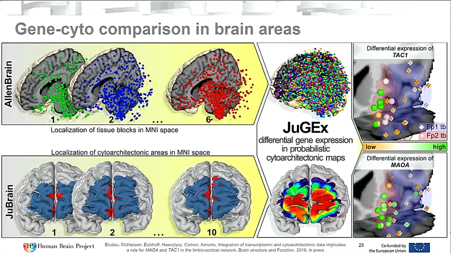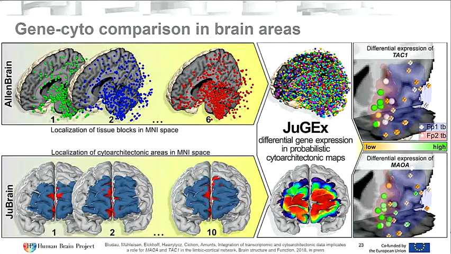And this allows you to draw conclusions, for instance, about differences in the expression of certain genes that are important for receptors, for instance, or that are changed in patients with major depression.